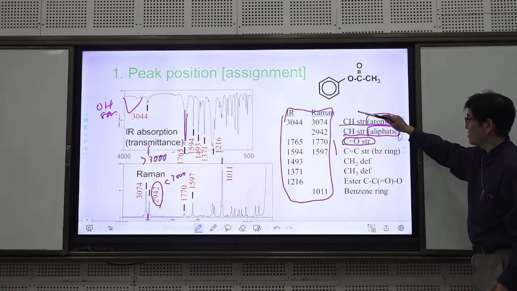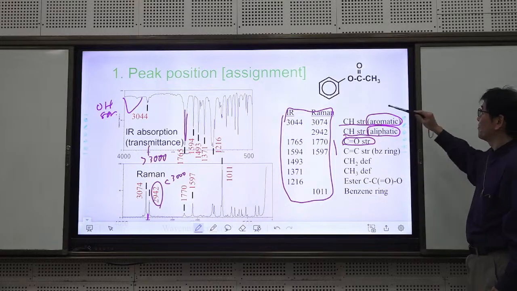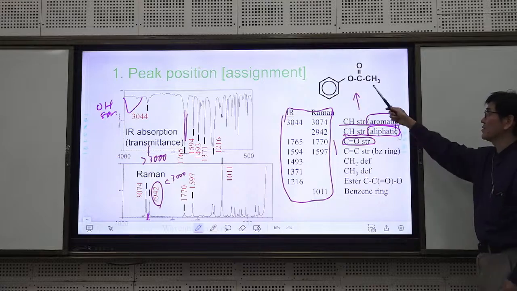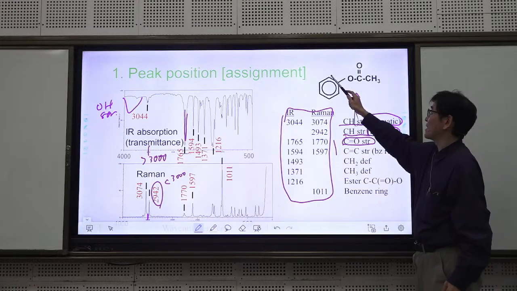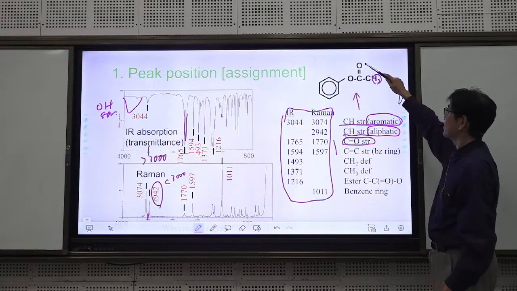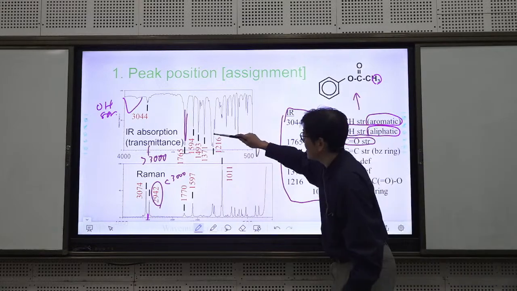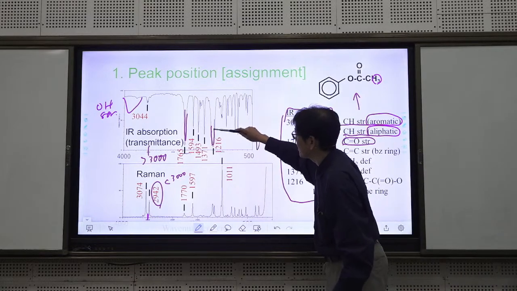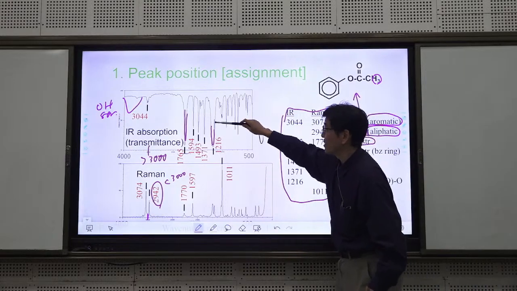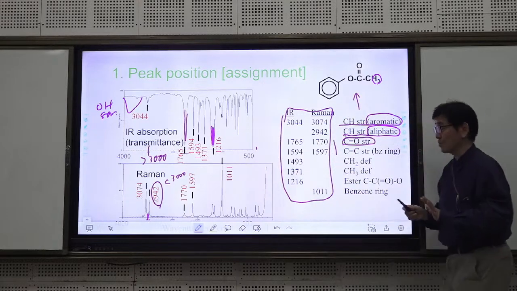Then by combining the overall information, we can derive this structure. There is aromatic CH, aliphatic CH, and a C=O double bond. And here is a strong C peak. This is a transmittance spectrum, so a lower peak means stronger absorption.